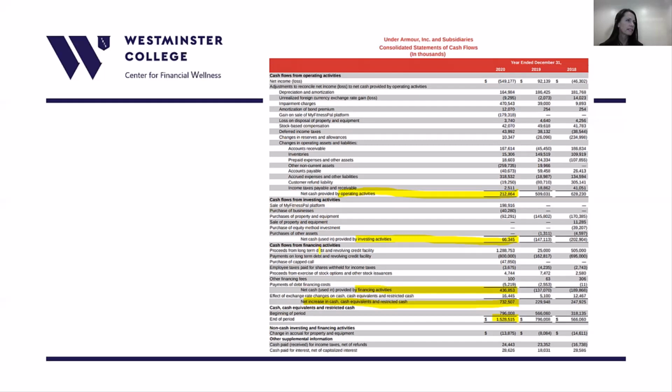Down here in financing, it's dealing with debt and some stock options. So these kind of make sense. These are things that I would expect to see in here. The operating activities is a little harder to understand, but again, it's going to be the activities that generated cash from operations. So from Under Armour selling their athletic apparel.